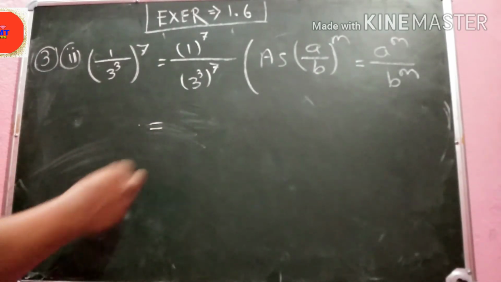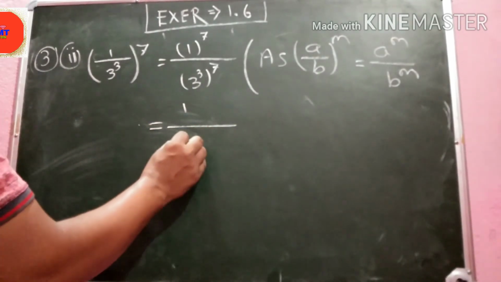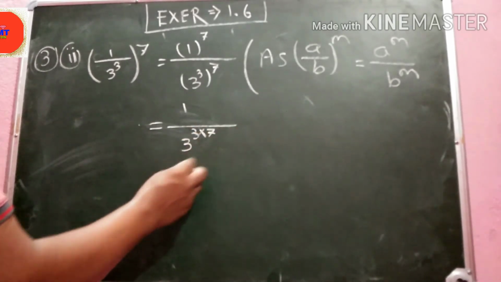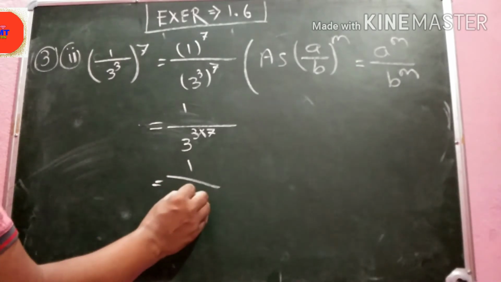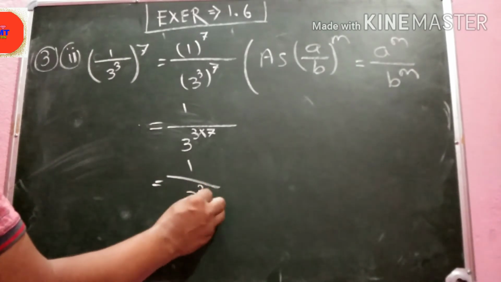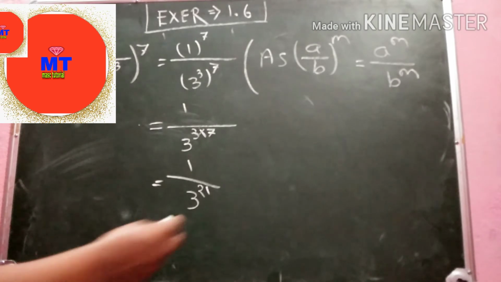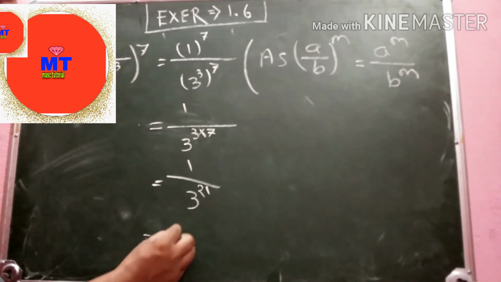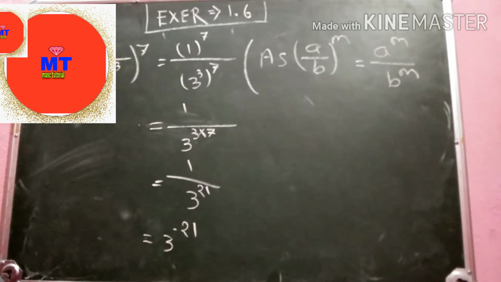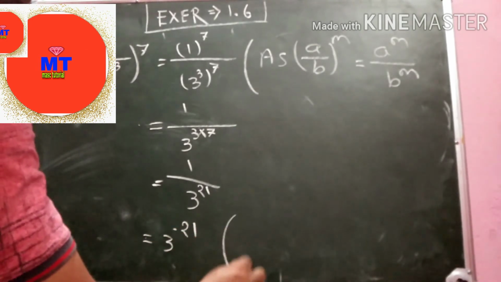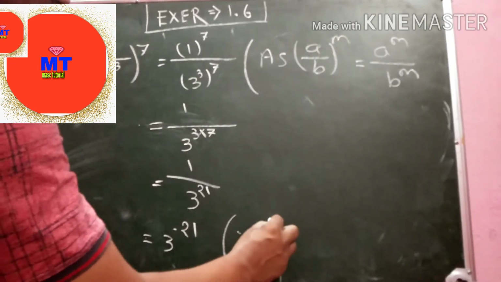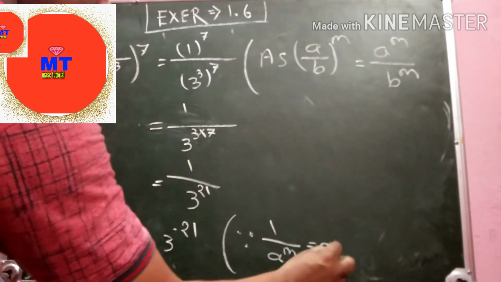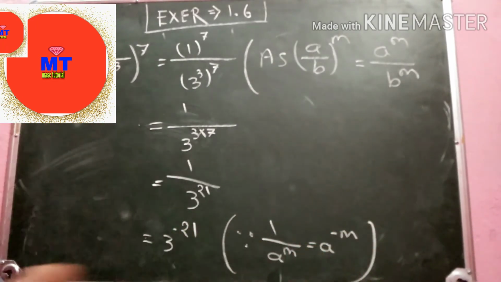Now 1 to the power 7 becomes 1 and 3 to the power 3 whole to the power 7 means 3 to the power 3 into 7, that is 1 by 3 whole to the power 21. You can also write it as 3 to the power minus 21, as 1 by a to the power m is equal to a to the power minus m.